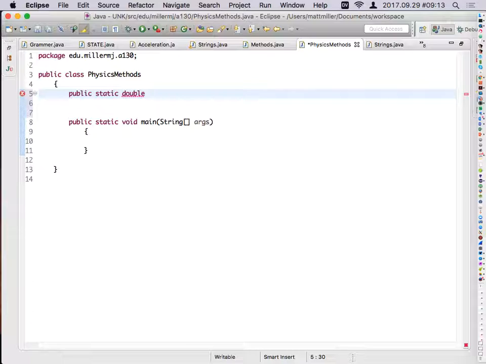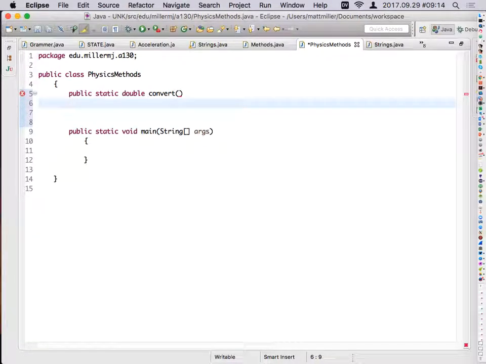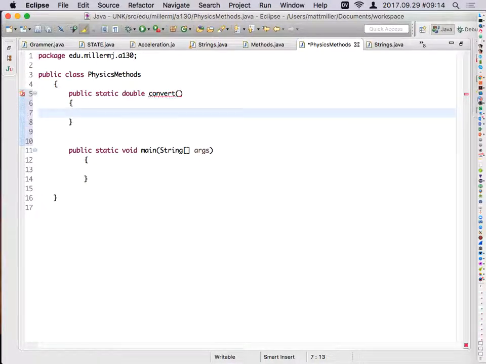What else do we need? A name. Okay. Then parentheses, and inside the parentheses we give as many arguments as we're going to have. We can have 0, we can have 1, we can have 20, we can have 100. If you have 100, that's probably too many. Just saying.